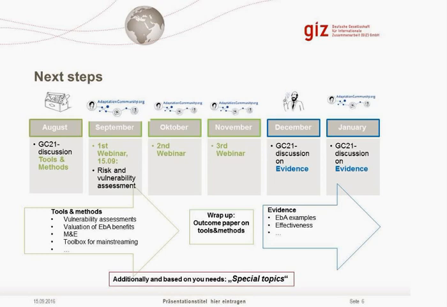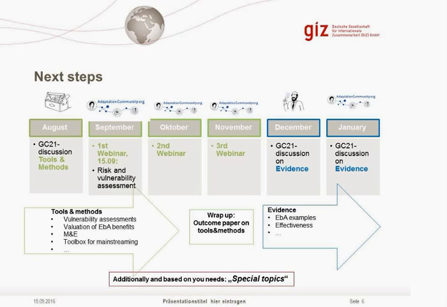In the meantime, we have a discussion on Global Campus 21, and we will wrap up this discussion within our webinar series. All webinars will be recorded and uploaded on the Adaptation Community, and we will also establish a YouTube channel where you can find the recordings, because we will have just one session per webinar, not two identical sessions to cover different time zones.